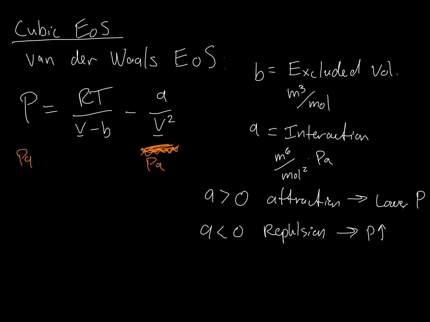So, under what circumstances do we expect molecules to be predominantly repulsive, let's say? Tell me a configuration of molecules in a system where we would expect that they would want to push away from one another.